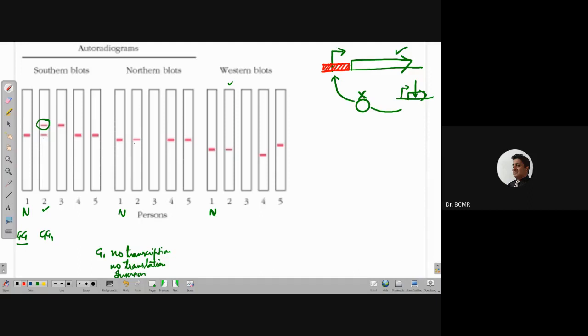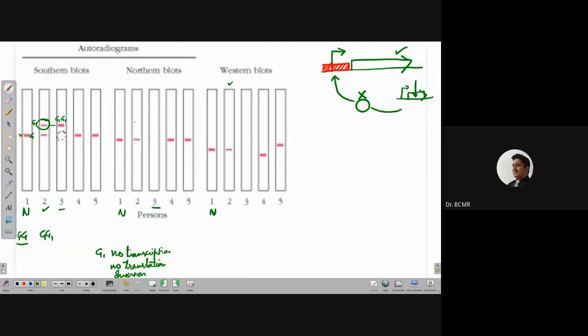For person 3, you see that there is no normal band here. The band corresponding to the normal is not there. And the top band, which corresponds to that of G1, we call this G, and we call this G1, is twice as intense, which would mean that this might be G1, and you can compare it with the Northern blotting.